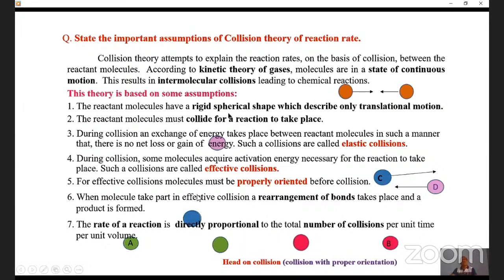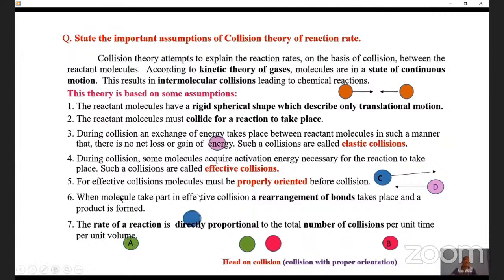Like this, the kinetic energy of the gas molecules in that gaseous mixture increases. When the gas molecules acquire the activation energy and then go for a collision, that collision will be an effective collision, and the effective collision leads to the formation of a product.